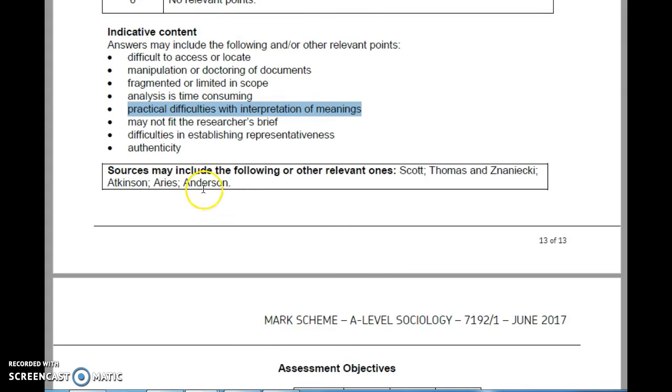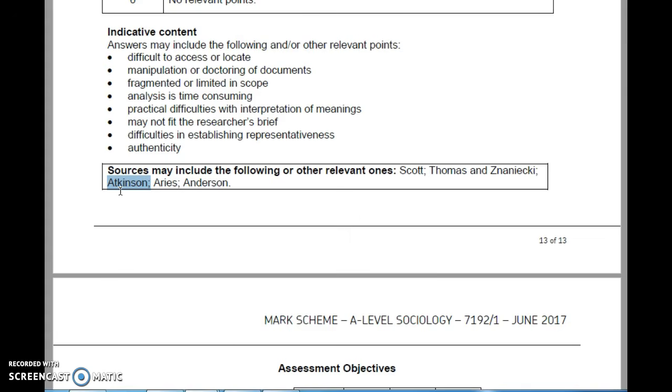And just to talk about some of the other citations on the mark scheme, Atkinson was looking at coroner's reports in terms of suicide. You could argue that it being scientific language, it is difficult to interpret the meaning of, which you can link into Scott's criteria, which again is lowering the validity of the research.